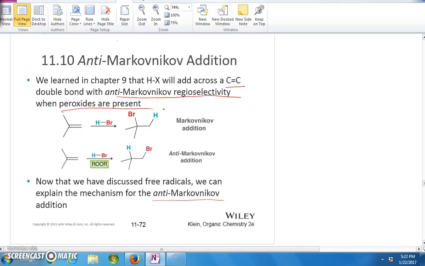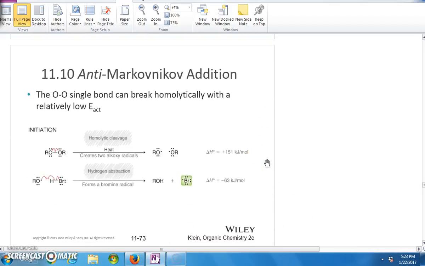In the Markovnikov reaction, HBr adds to the double bond, and the hydrogen always goes to the less substituted carbon, while the bromine goes to the more substituted carbon. That's what we expect. But in the presence of peroxide, the reverse is the case. The bromine goes to the less substituted carbon, while the hydrogen goes to the more substituted carbon. And the reason is because of the free radical intermediates that are involved.